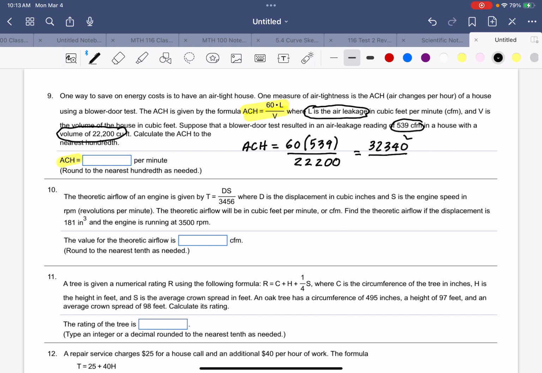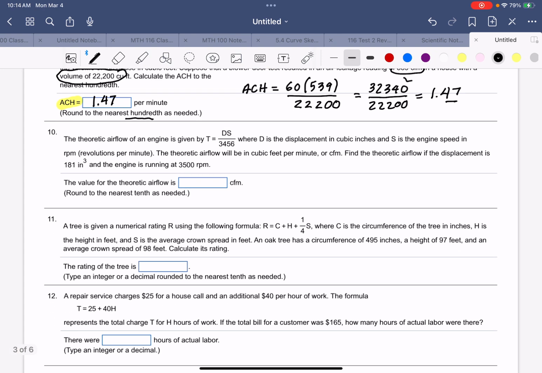We're going to divide that by 22,200, and we get 1.47 to the nearest hundredth, which is two places. So our answer is 1.47. So we have to identify the parts of the formula, especially when there's one we're not familiar with, and then substitute them in and find the value.